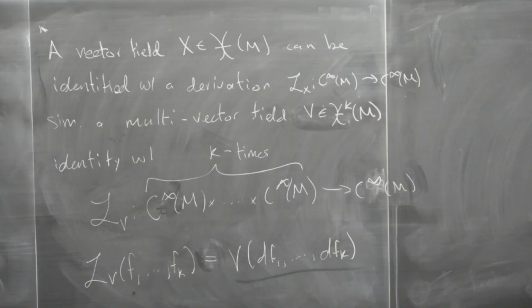So if I come along with a p in your manifold, what is v of df1 up to dfk evaluated at p? Well, now in this case, it wouldn't be just a singular number; it'd be a whole vector of numbers. It should just be one number because you're saying that it's spitting out a single function. Yeah, the only problem is just because there are multiple one forms there.